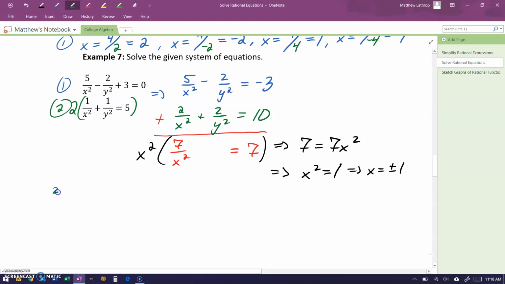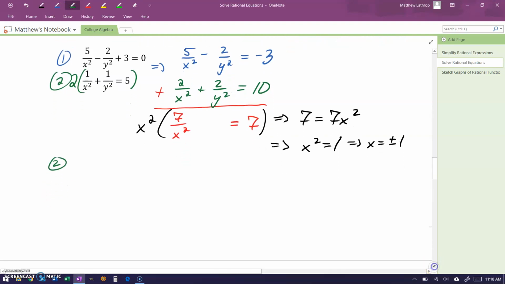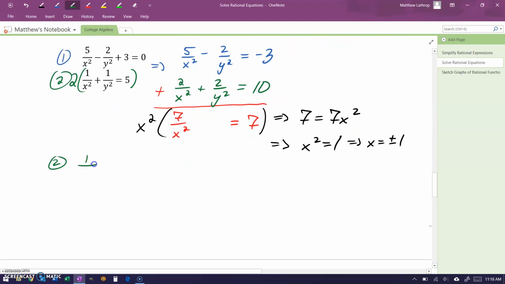So we'll turn to equation 2. If we plug in 1 over 1 squared plus 1 over y squared is equal to 5. 1 over 1 squared will just be 1, meaning we'll have 1 over y squared is equal to 4.